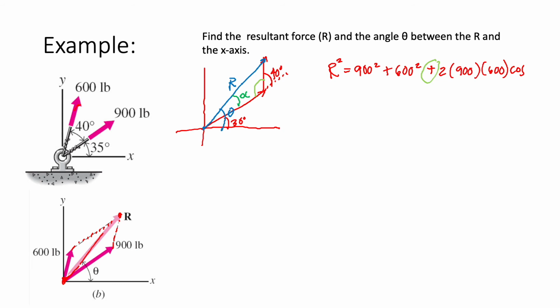That's why I used positive here, so 40 here. Or if you want to use the angle that is opposite the r, you can just make it 900 squared plus 600 squared minus 2 times 900 times 600 and then cosine.